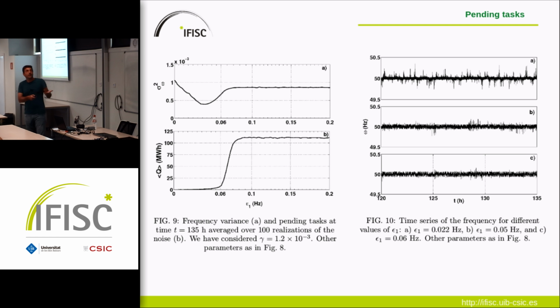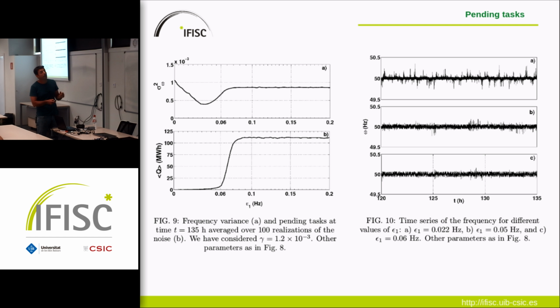And this creates trouble, because the control of the power plant cannot follow, and this creates your spikes. So if you recover too much, you get too many spikes. If you recover too little, it's okay, but then you accumulate pending tasks, and you have to find a compromise.